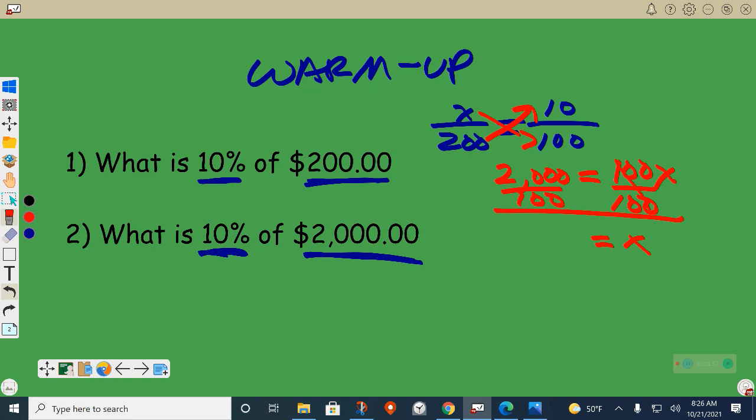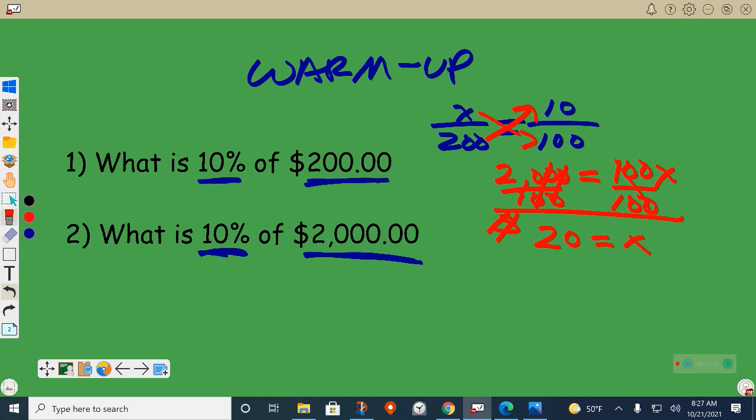X is, whenever you have zeros in the numerator and denominator, all you've got to do is do this. It's 20. A little shortcut in case you care. 20 bucks. That's what 10% of $200 is, $20.